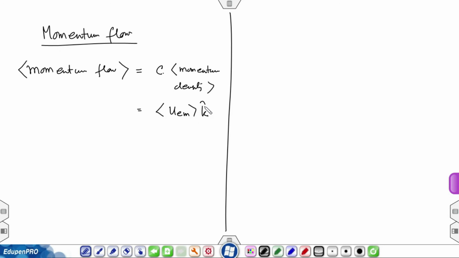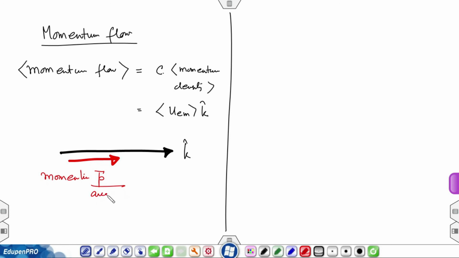So, when there is this electromagnetic wave going in direction k, it is also carrying with it momentum p per unit area per unit time equals u EM time averaged k.